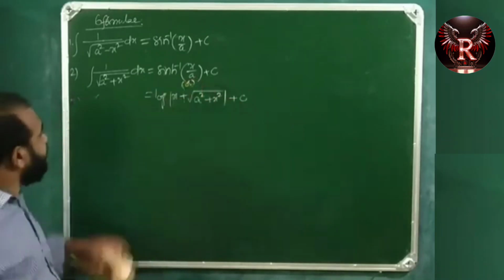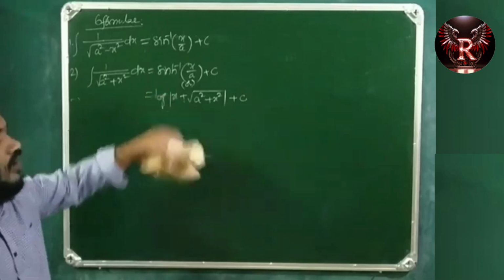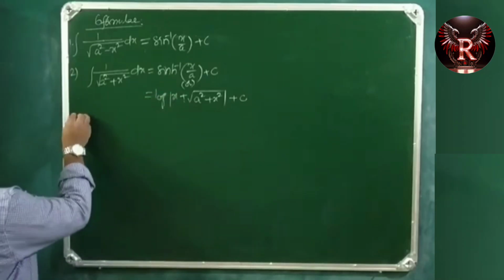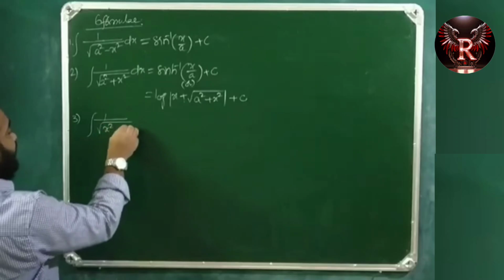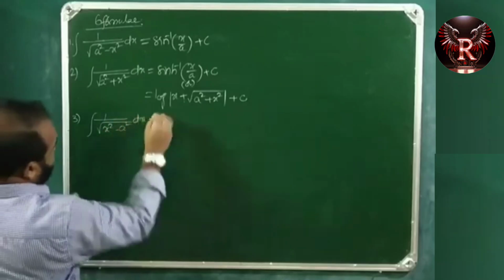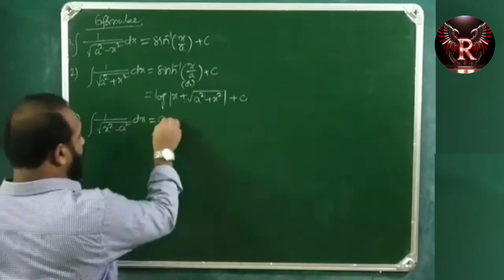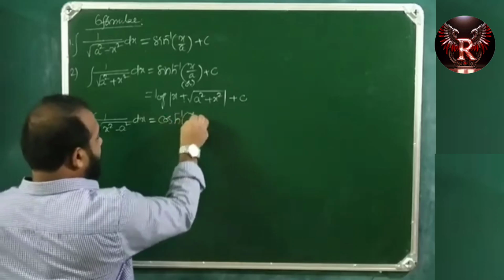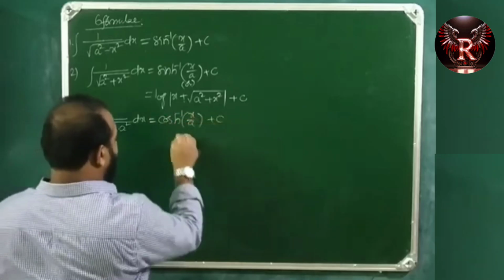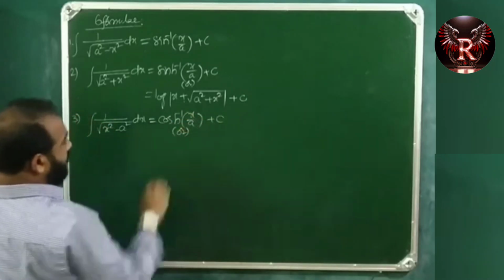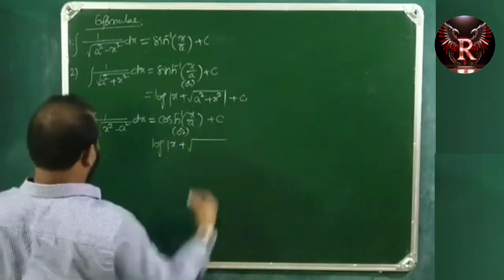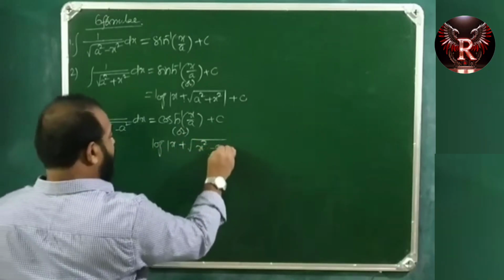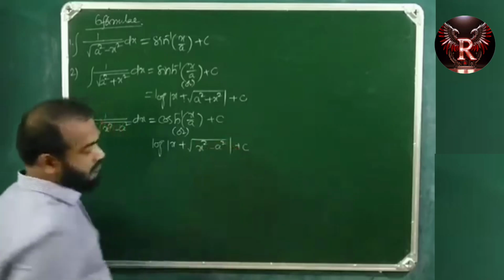So it has got two formulae. The third one is integral 1 by square root of x square minus a square dx. This is cos h inverse x by a plus c, or log modulus of x plus square root of x square minus a square plus c.